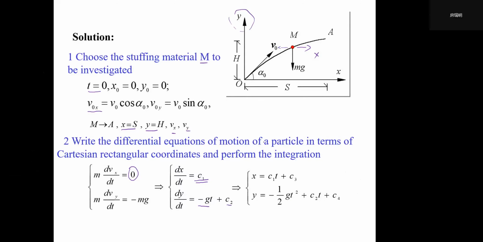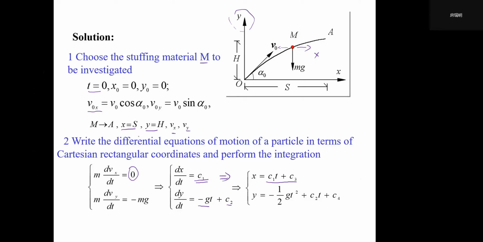So if we find C1 and C2, then we will finish this calculation. Then we can do the integral calculation from this to this. So x should equal this one plus this one, and y should equal this one plus this one. So we have C1, C2, C3, C4, four unknown parameters.